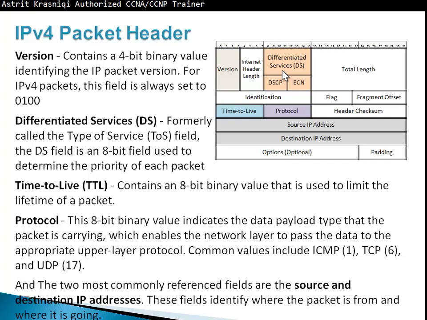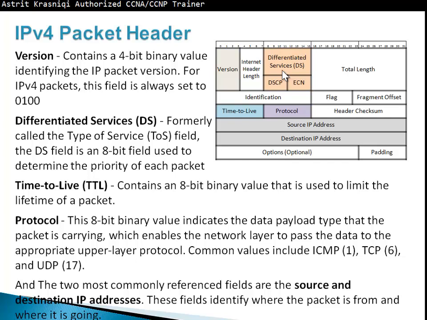If you receive a web page 5 seconds later, you will be okay with it. You will not be complaining. But if you're talking to someone on the phone and the voice comes 5 seconds later, that communication is not usable. You're going to complain. So that's why we have differentiated services.